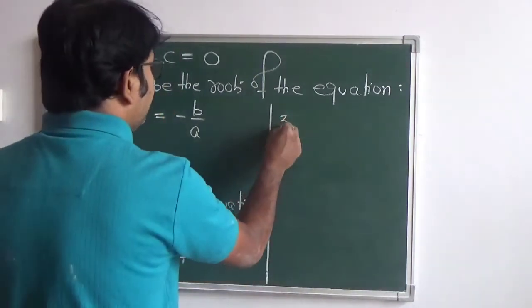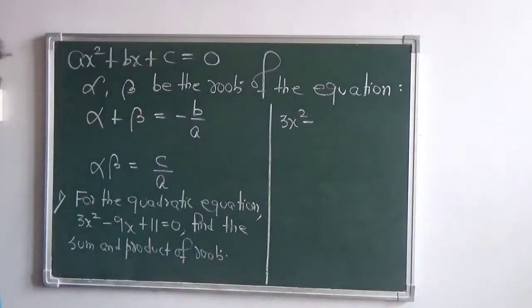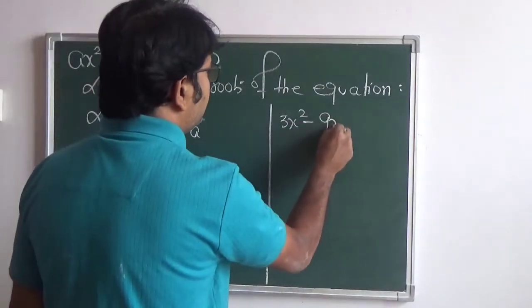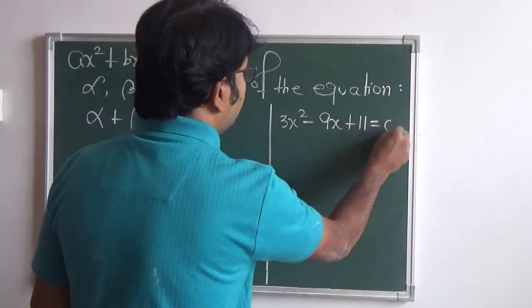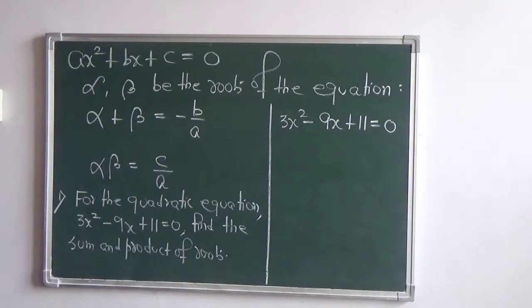So the equation is 3x square minus 9x plus 11 equals to 0. You know what is A and what is B and what is C.